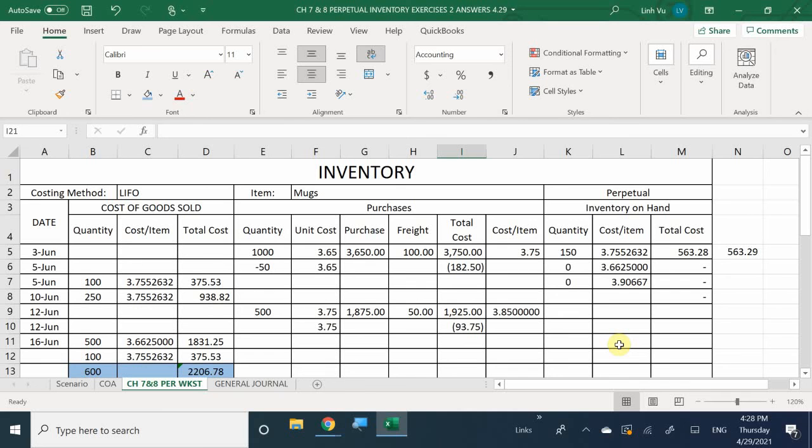Take it out of our total cost? We have to take it out from the total cost because look, I end up selling everything from my last batch. I only have one batch remaining.